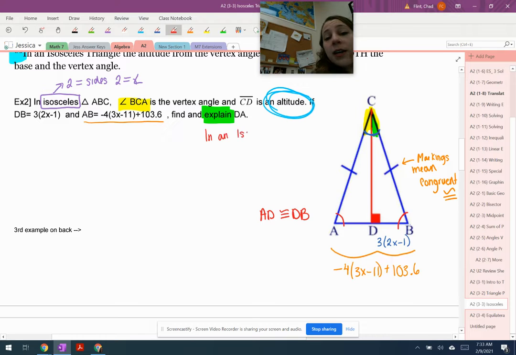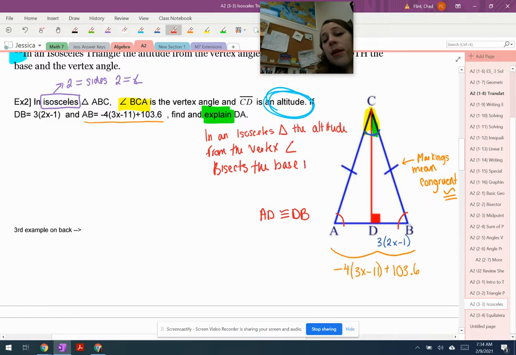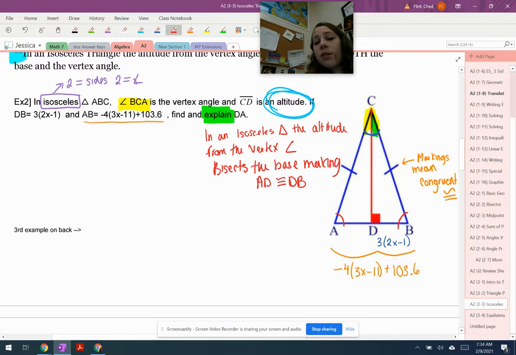In an isosceles triangle, the altitude from the vertex angle bisects the base, making AD congruent to DB.